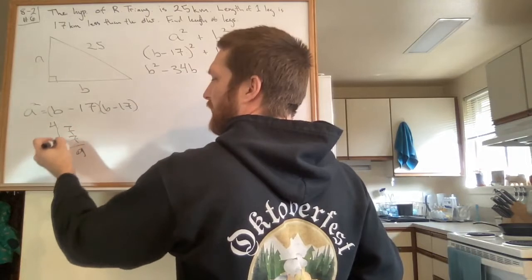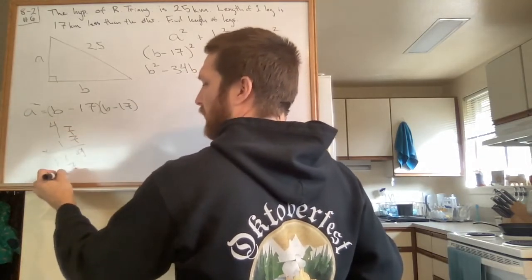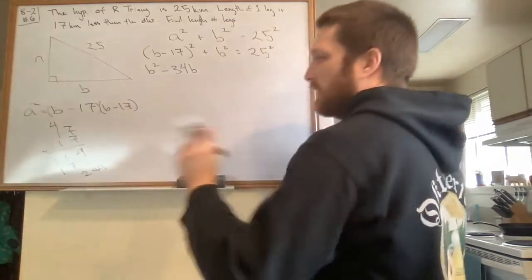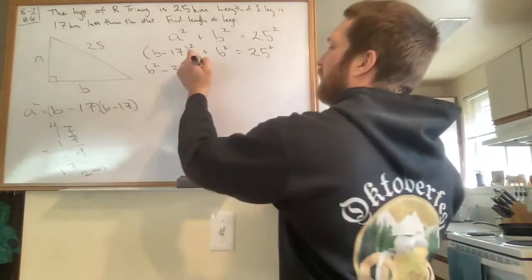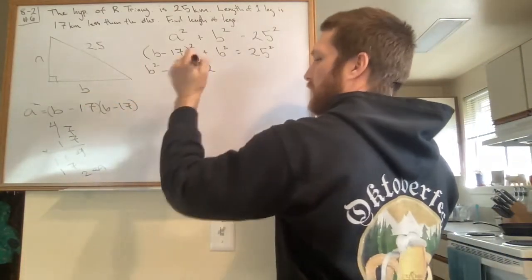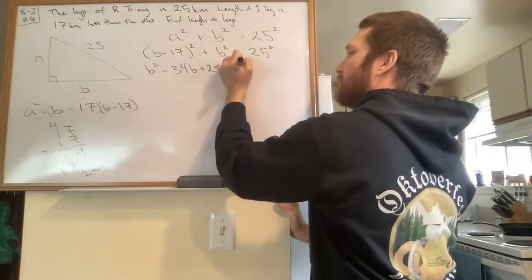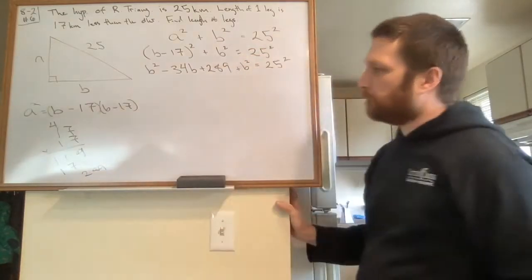And then we have a 7 times 1 is 7, 1 times 1 is 1. And we should have 289. 17 times 17 is 289. Negative and negative make a positive. So we have plus 289. Finally, plus b squared equals 25 squared.